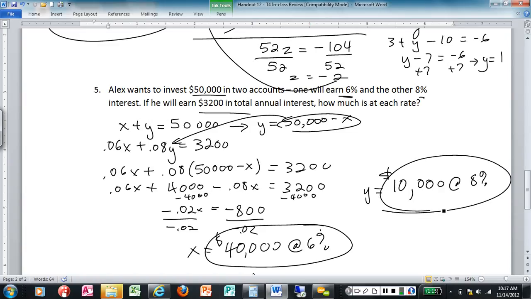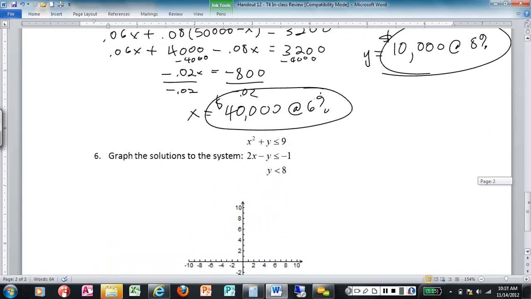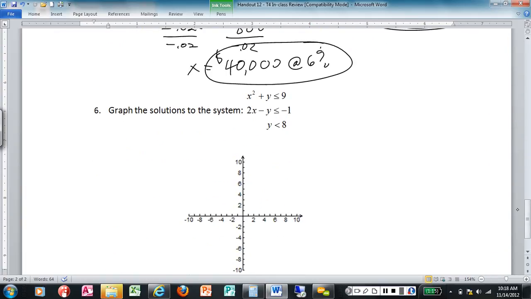All right. Real quick here, number 6. We also graphed systems of inequalities, and that just means a little bit of shading. So let's talk about the x squared plus y less than or equal to 9. The first thing you want to do is graph the equation associated there.